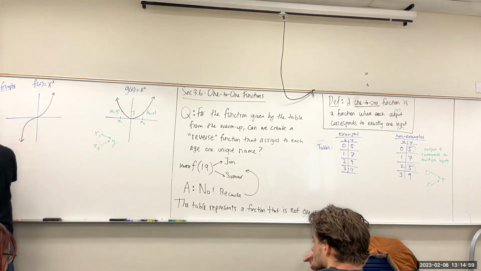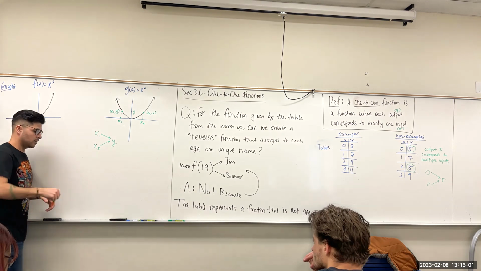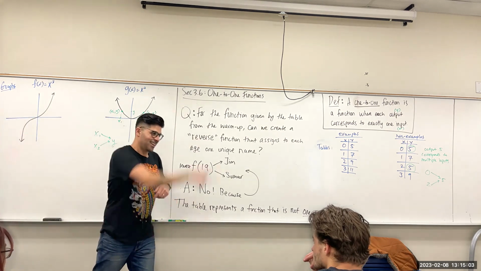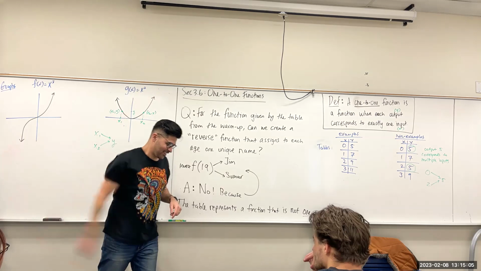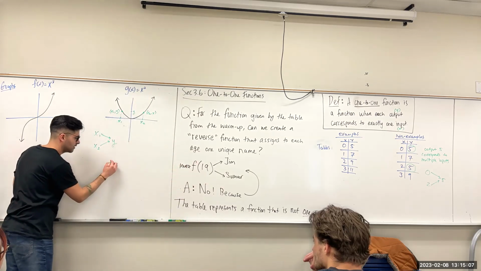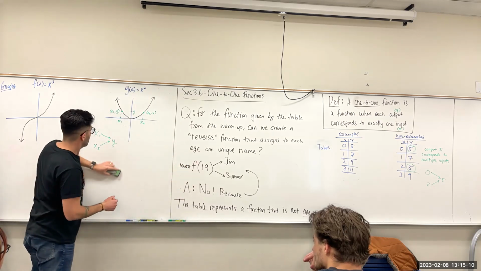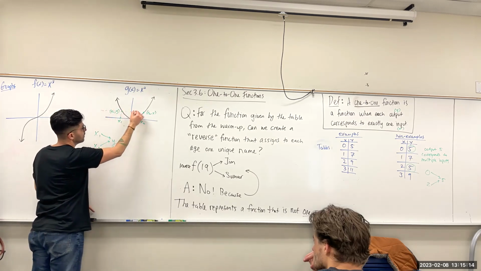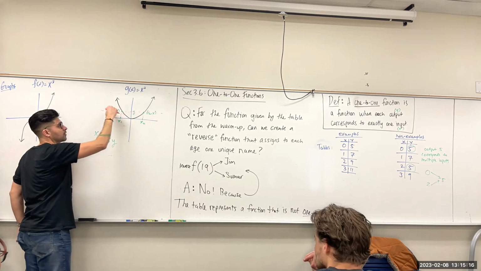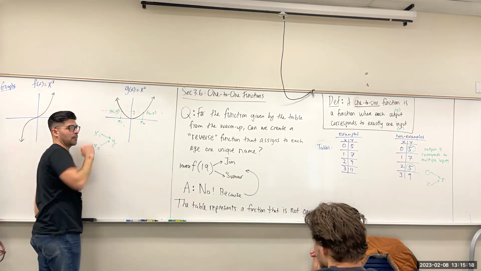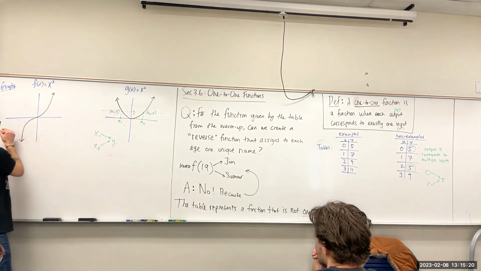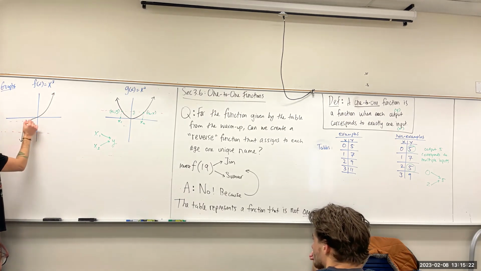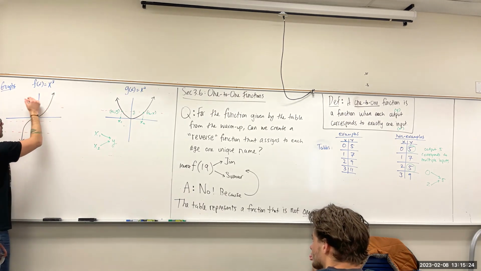If we cross this with a horizontal line exactly at that y value, it crosses twice, here and here. Versus if I use a horizontal line here, no matter where I cross it, it's only going to cross once.